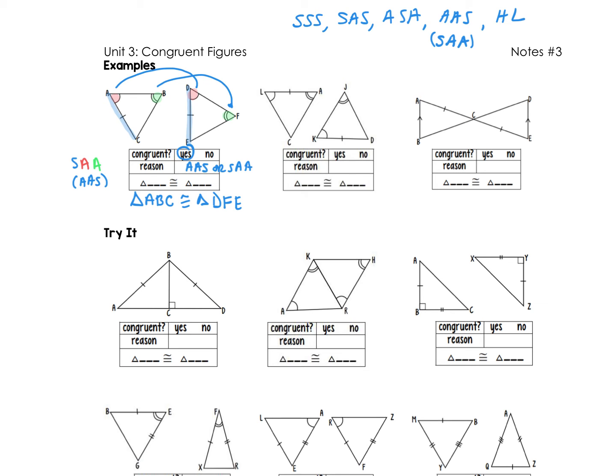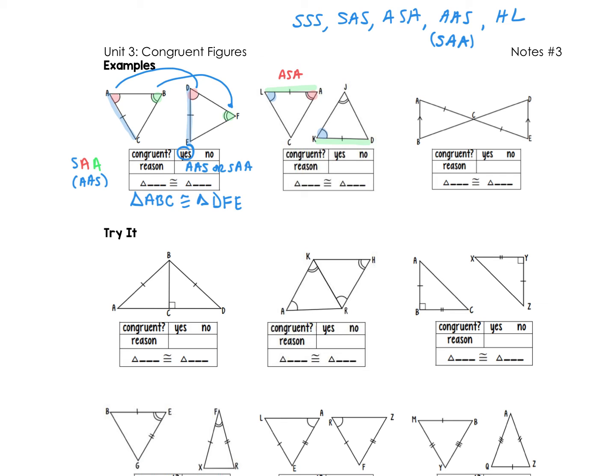All right, and the next one, again, I'm going to highlight things that are congruent and see if they have a matching pattern. We have angle L congruent to angle K. I have side LA congruent to side KD, and then we have a problem because in the first triangle it's looking like angle, side, angle.